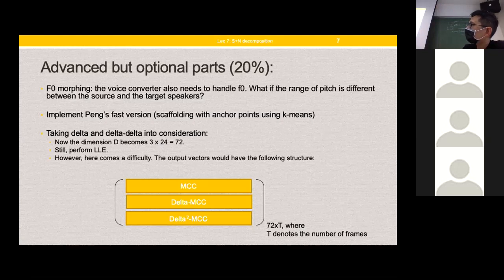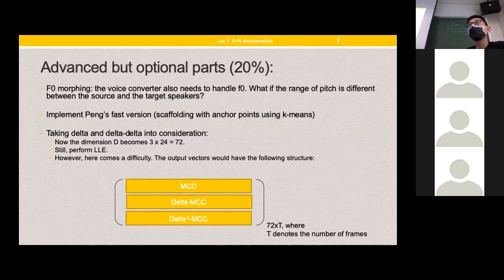So in the 2017 paper, we suggest that when we do local linear embedding, the feature space suggested by the paper is a concatenation of mel coefficients and its delta and its delta delta. By delta, we mean you subtract your previous frame from the current frame. That's delta, first order difference.